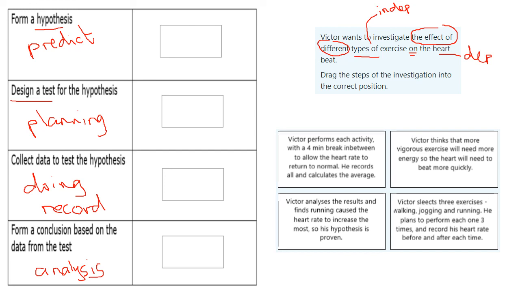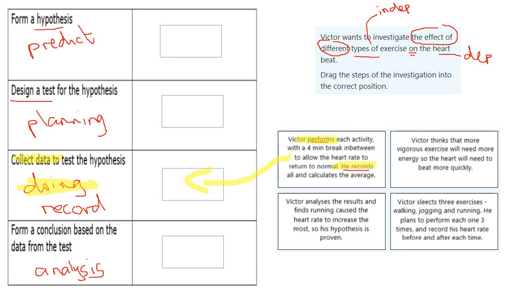So Victor performs each activity with a 4-minute break in between to allow the heart rate to return to normal. He records all and calculates the average. So in this one, he is performing, that means he is doing. He is recording, so he is collecting data. So this one should be collecting the data.